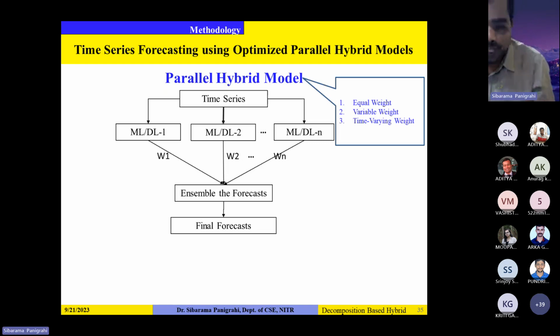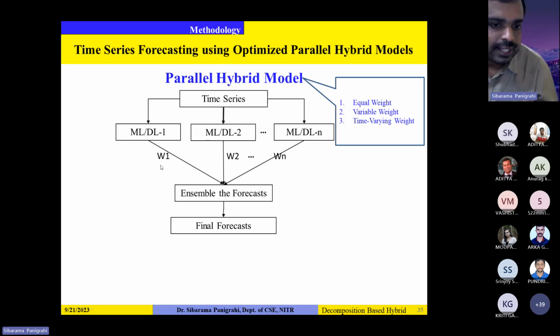For that, you can compute the forecast on the train set. Then in order to get the weight for each forecast, you can use a gradient descent method or you can use a swarm and evolutionary algorithm to obtain the optimal weights of the combination. If you want to use a swarm and evolutionary algorithm, you will encode the weights as the genes of the chromosomes, or as the decision variables of the decision vector.